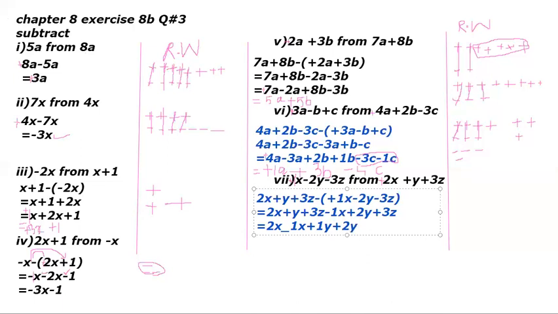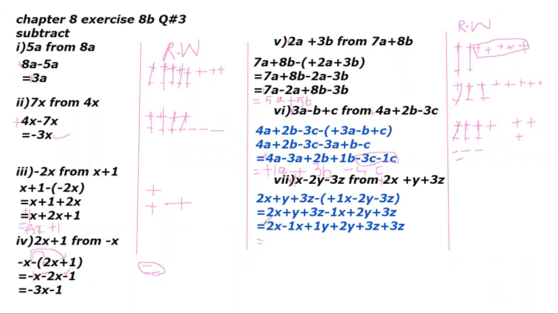These two are like terms. Then the third term is positive 3z and positive 3z. I have collected the like terms. Now I think I should use my pencil to make things more clear, and it's very difficult to write with pencil.